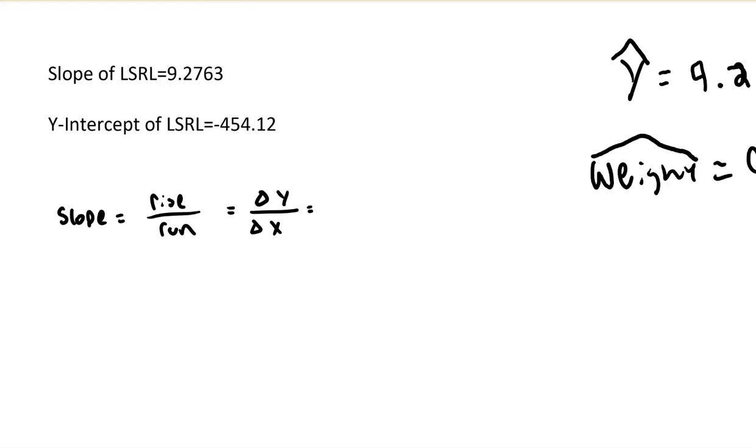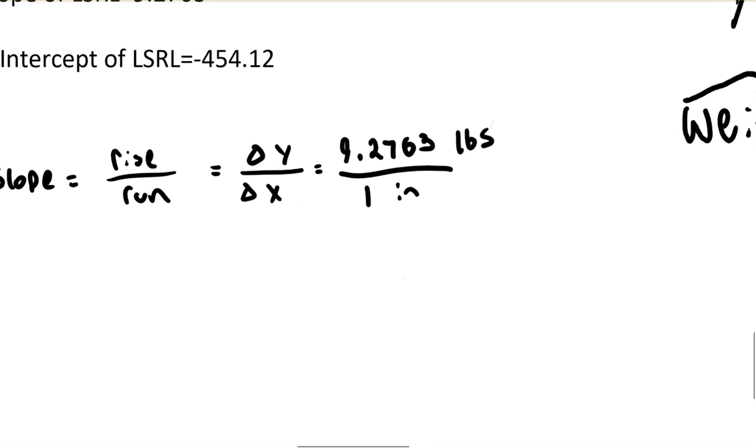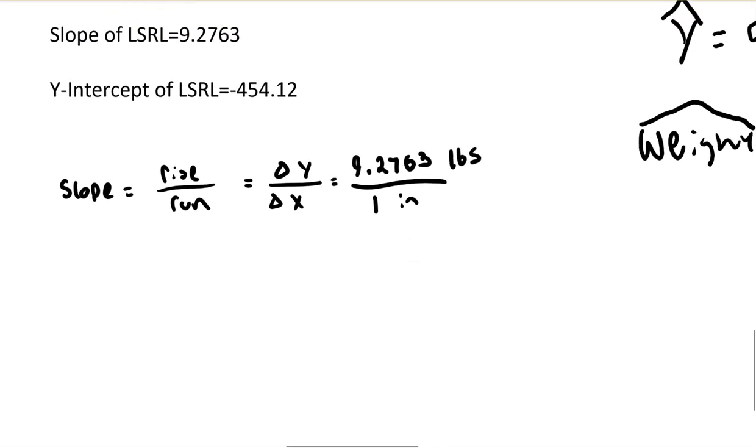You are going to think of it as 9.2763 over 1. So as x increases by 1 unit, by 1 inch, so as our height increases by 1 inch, our weight is going to increase by 9.2763 pounds. So this is what we can visually think of our 9.2763 as being.